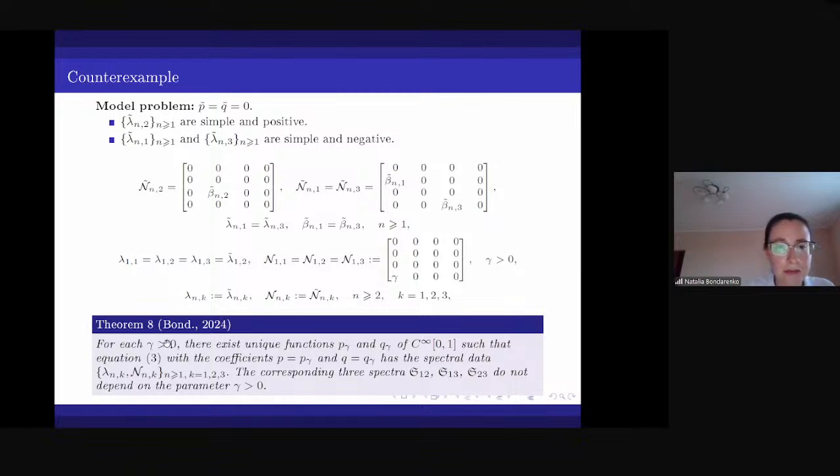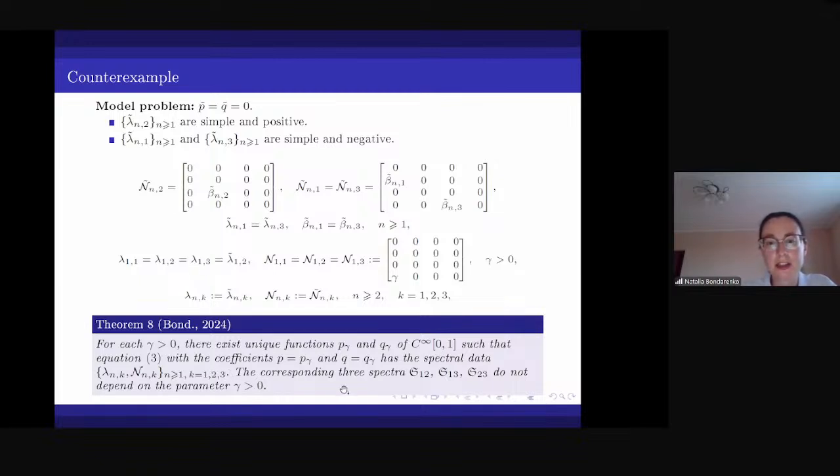For each positive gamma, there exist unique functions p and q, which are infinitely differentiable, such that equation 3 with the coefficients p and q has exactly this spectral data defined by these formulas.